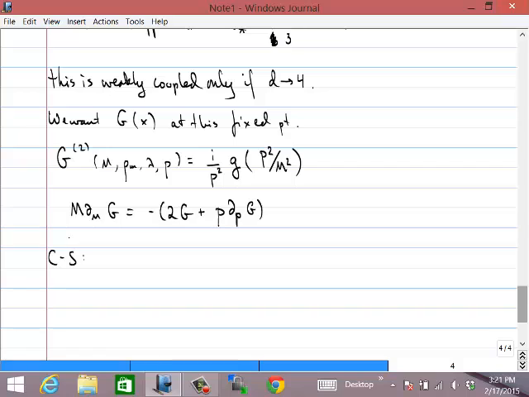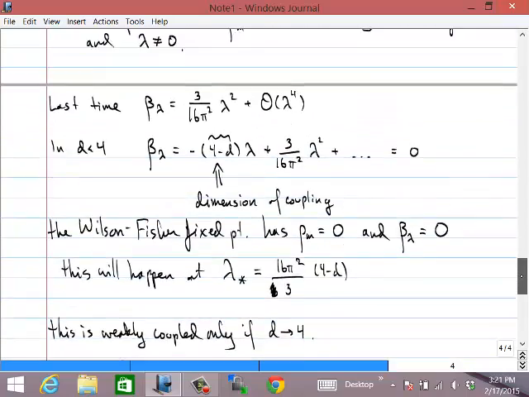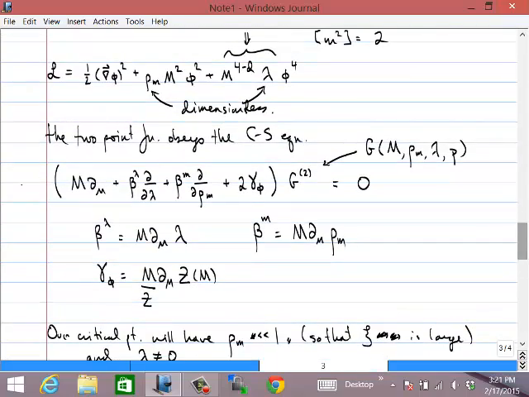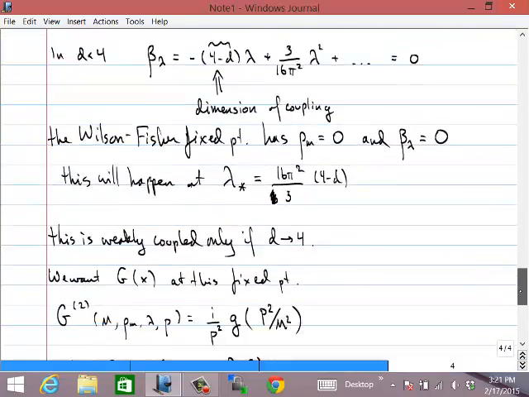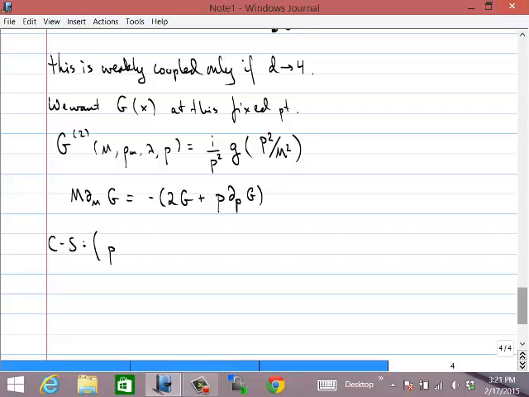a differential equation. So here, let's just remind ourselves of the Callan-Symanzik equation, which told us how the Green's function depends on RG scale. Now it turns into an equation which tells us how the Green's function depends on the momentum scale, the momentum p.